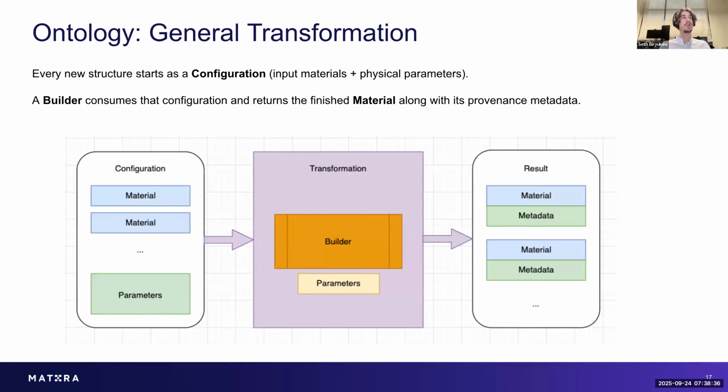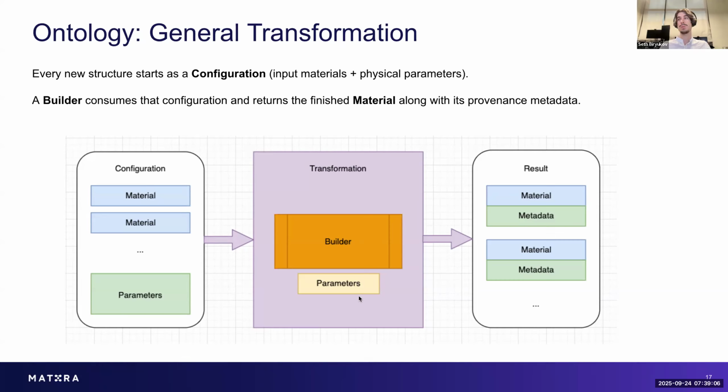Let's look over the implementation details. We split the process of material creation into parts: configuration, transformation, and the result. For example, if you want to create a slab, we start with a bulk material and provide physical properties for the target material, such as Miller indices, thickness, vacuum, etc. Then we use the slab builder with a set of its own parameters that define how the material is constructed or presented.